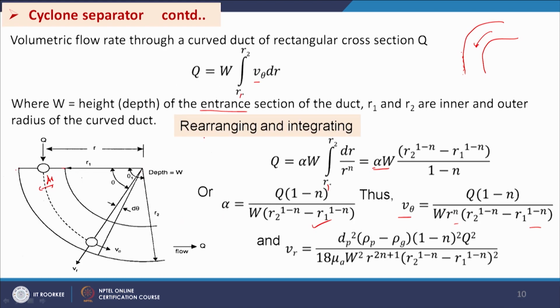So, d p square, rho p minus rho g, into this will be squared: q square into 1 minus n square, divided by 18 mu g, which was coming from the V r expression, and the V theta expression gives W square into r to the power 2n plus 1, into r2 to the power 1 minus n minus r1 to the power 1 minus n, the whole bracketed term squared. So, this is the V r we are getting now.